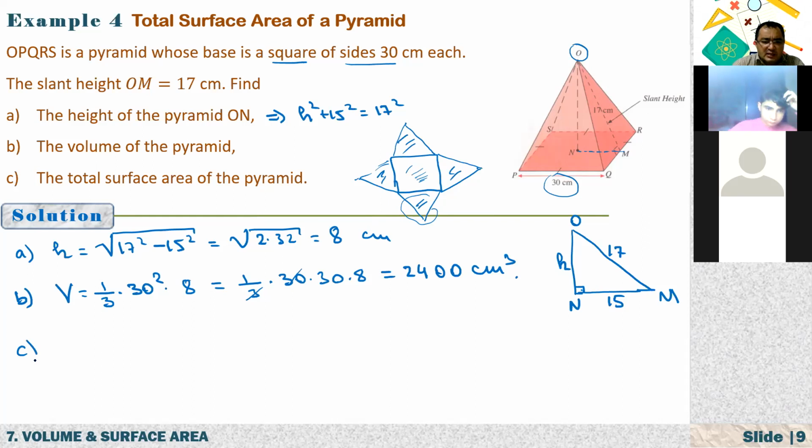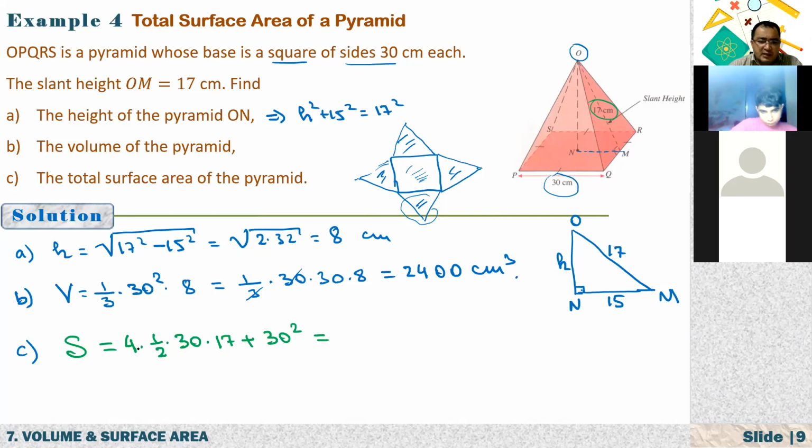So here, let me just use green. The surface area will be equal to 4 times the area of one triangle, that's 1 over 2 times base equal to 30. And the slant height is given here, that's 17. Plus the area of the square, that's equal to 30 squared.